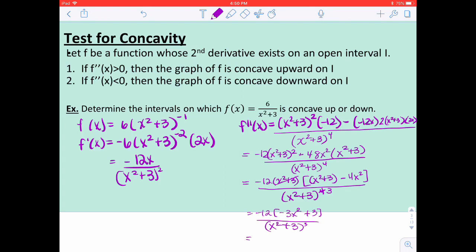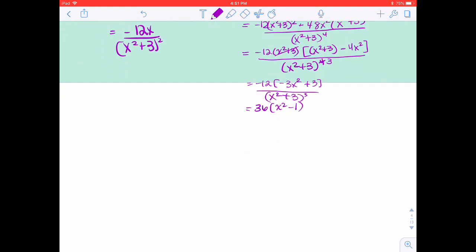I can factor out a 3. Well, I'm going to factor out a negative 3, so that will make this 36 times x squared minus 1 all over x squared plus 3 cubed. Whew. So that's f double prime of x. Okay, so there is our second derivative.